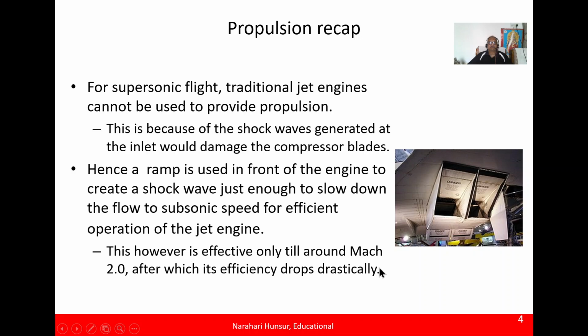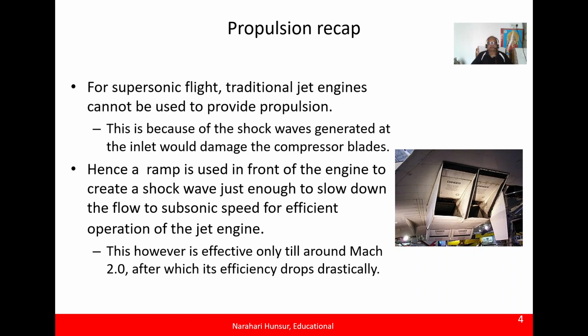For supersonic flight, traditional jet engines cannot be used directly for propulsion because shock waves generated when they impact the compressor blades can damage them. So these are paired with intakes which have ramps, like the one you see on the right, which is an intake used in the Concorde aircraft, which was flying around 1976.